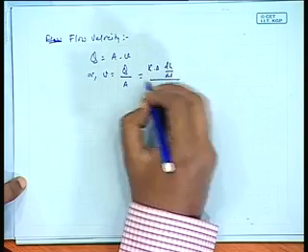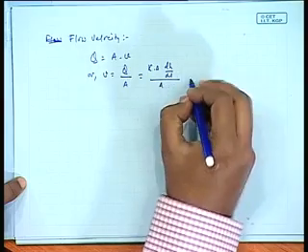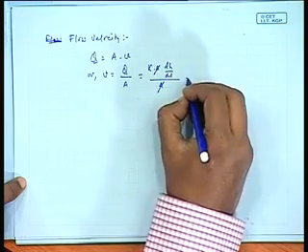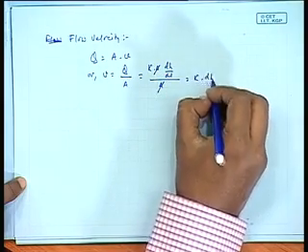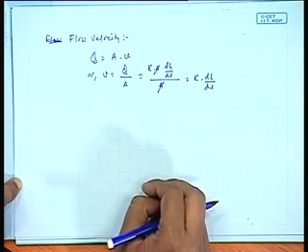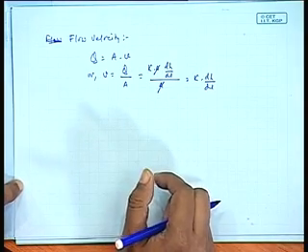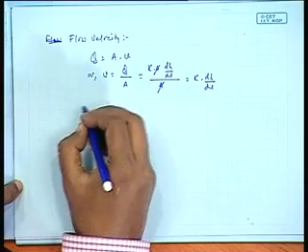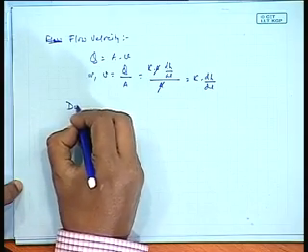The K cancels out, and the velocity can be written simply like this. So this velocity is known as the Darcy velocity.